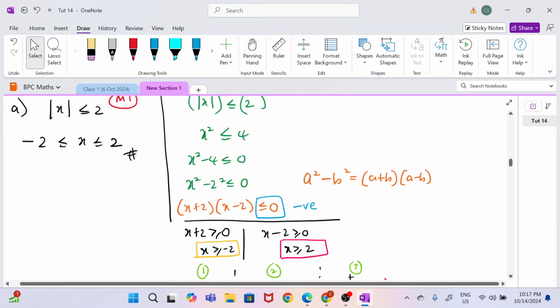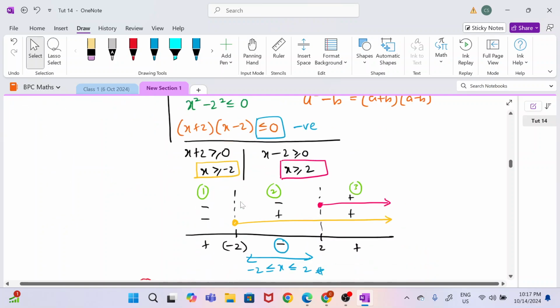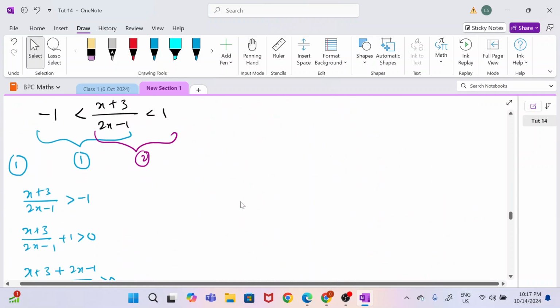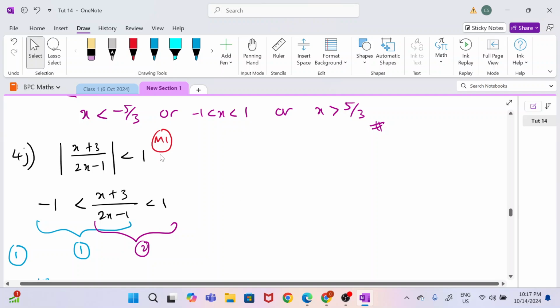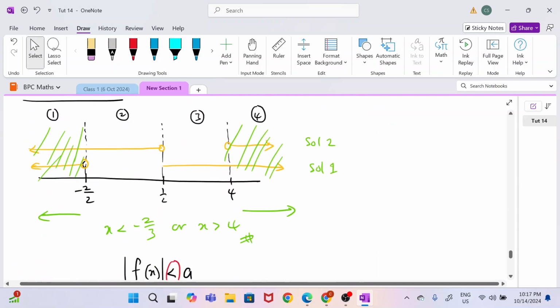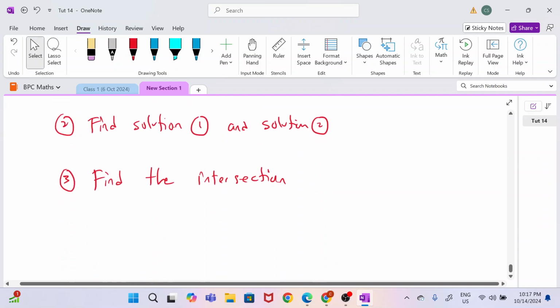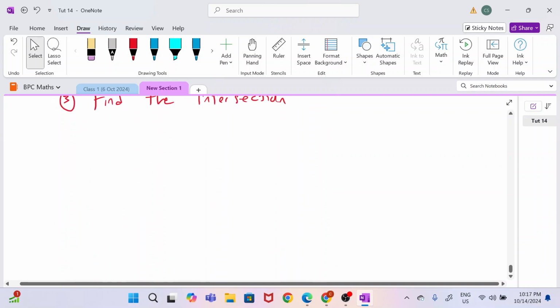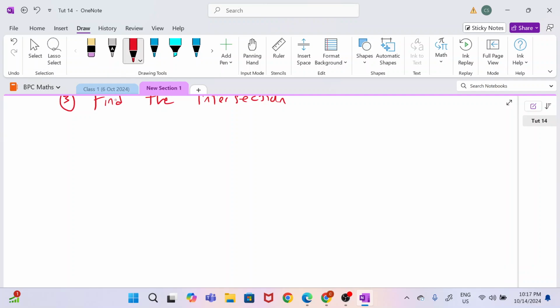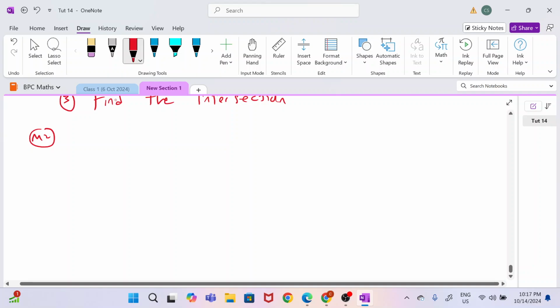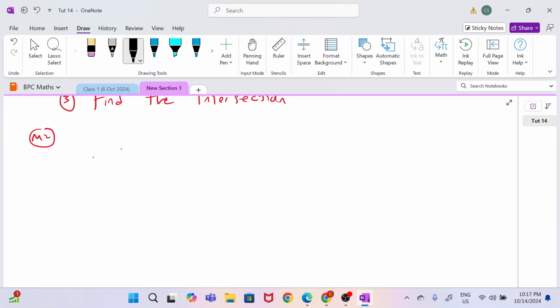Method 1 is until here, but method 2 is a little bit easier. Same question.